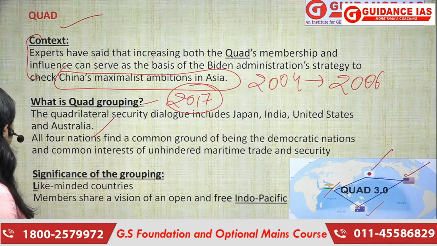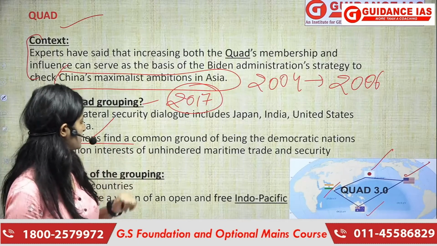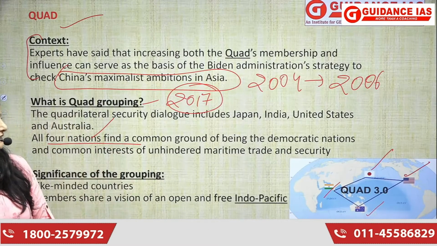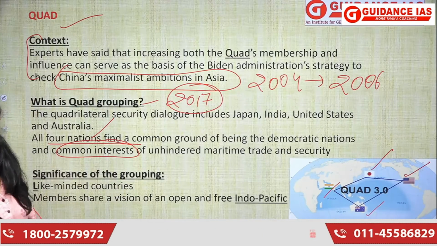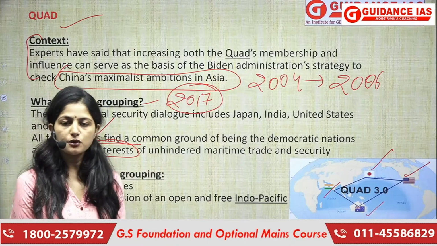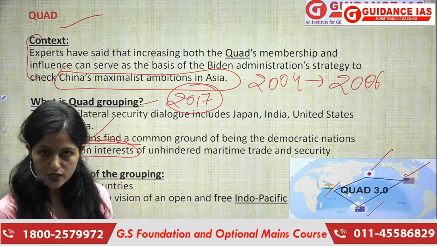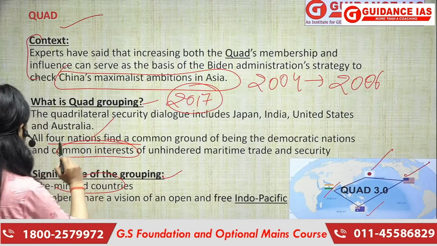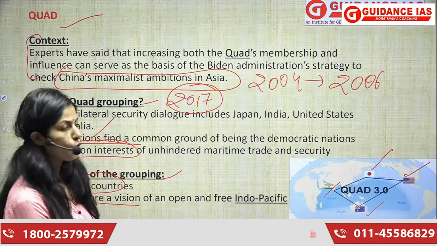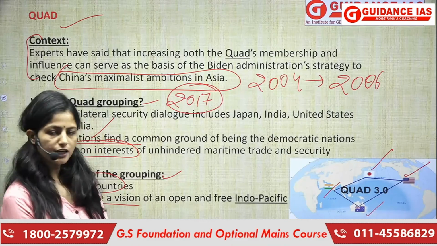If we talk about these countries, they have a common ground of being democratic nations. Along with that, we also share a lot of common interest in maritime trade and in the Indian Ocean region, right? If we talk about the significance of this, they are like-minded countries and their members share a vision of an open and free Indo-Pacific.